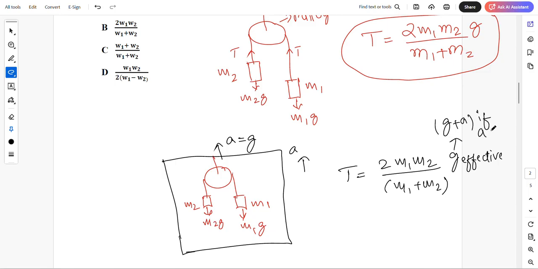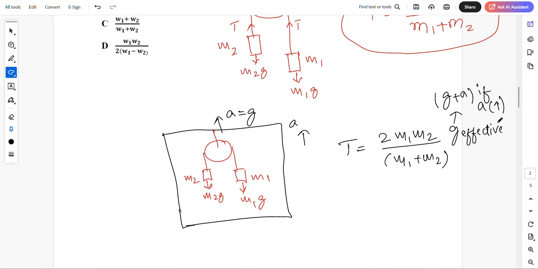If a is downwards, it will be g minus a.